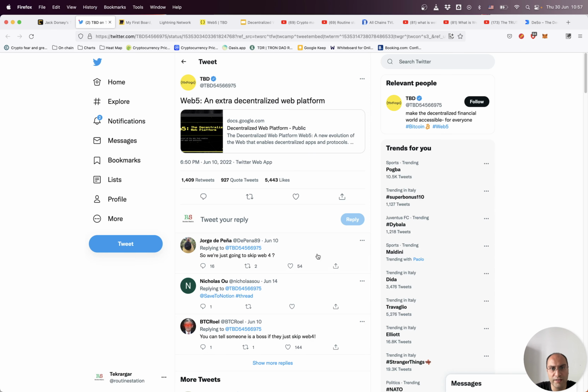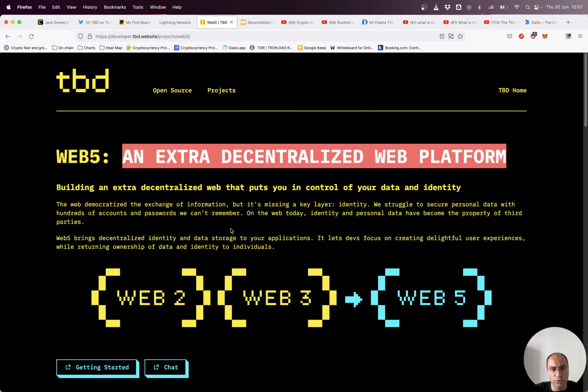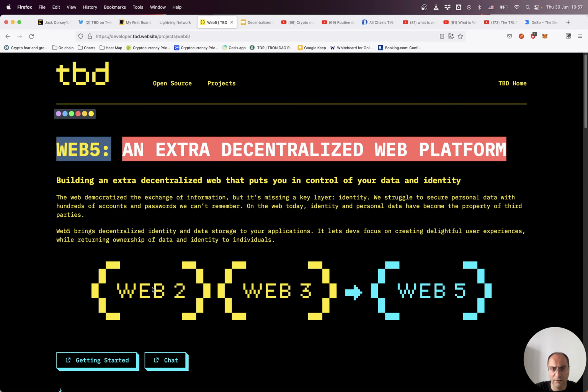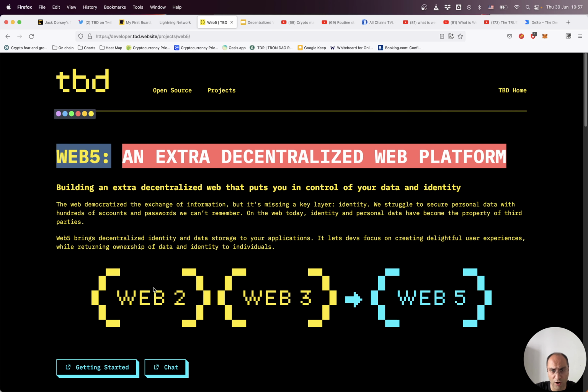If we go to this tweet and find this link, we head directly over to this website: Web5, an extra decentralized web platform. Web2 is what we have now and use during our normal web browsing and surfing of the internet.